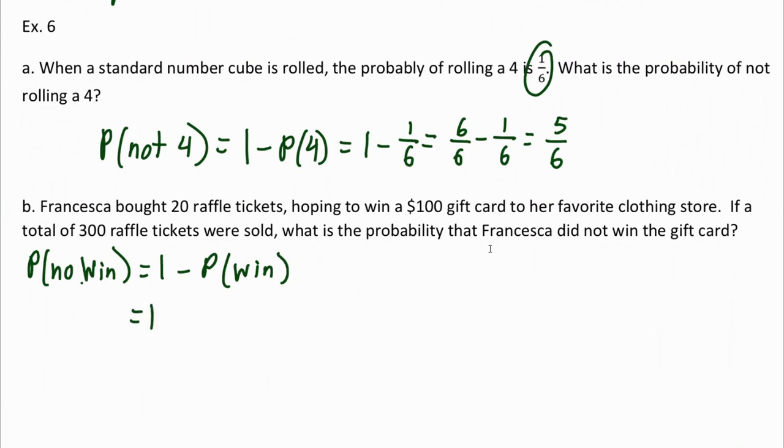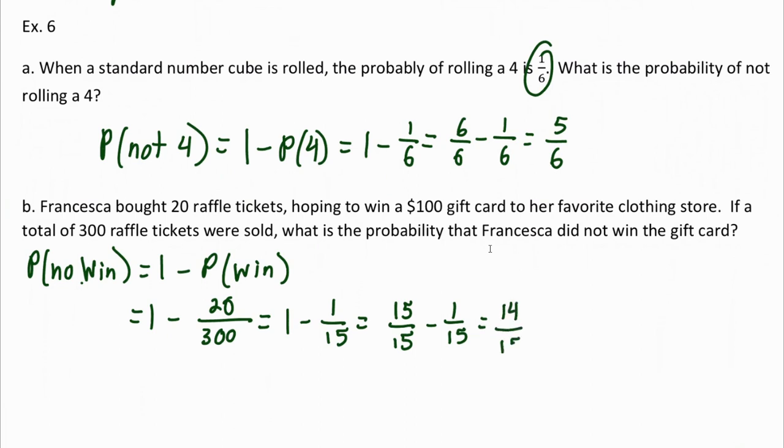The probability of her winning is her 20 tickets out of those 300. So we would do 1 minus 20 over 300 in order to get the probability of her not winning. That fraction actually reduces to 1 over 15. And again, we can rewrite 1 as 15 over 15 to help us subtract. And so our probability would be 14 over 15 of her not winning.